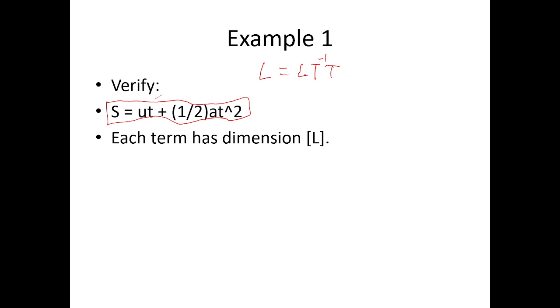So t and t cancel, we are left with L, and 1 over t is constant. A has dimension L per t square, and there is t square, so they will cancel. So each term has L as a dimension. So this is a correct formula.